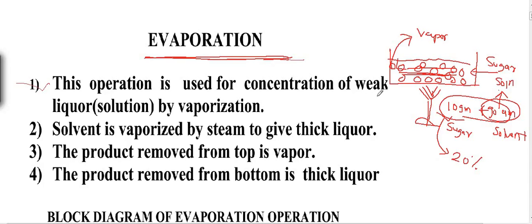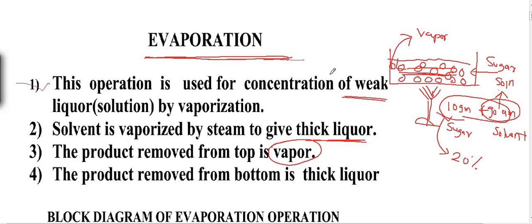So the input to the evaporator, or input to the evaporation operation, is weak liquor that contains a relatively small amount of solute, and you get output as thick liquor. The percentage of solute in thick liquor will be comparatively more than in weak liquor, because a certain part of the solvent present in the weak liquor gets vaporized.